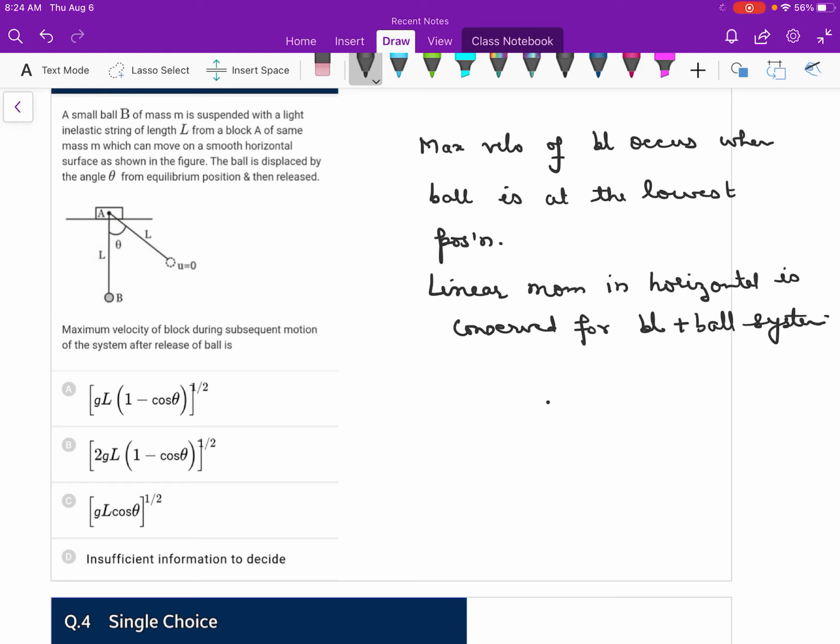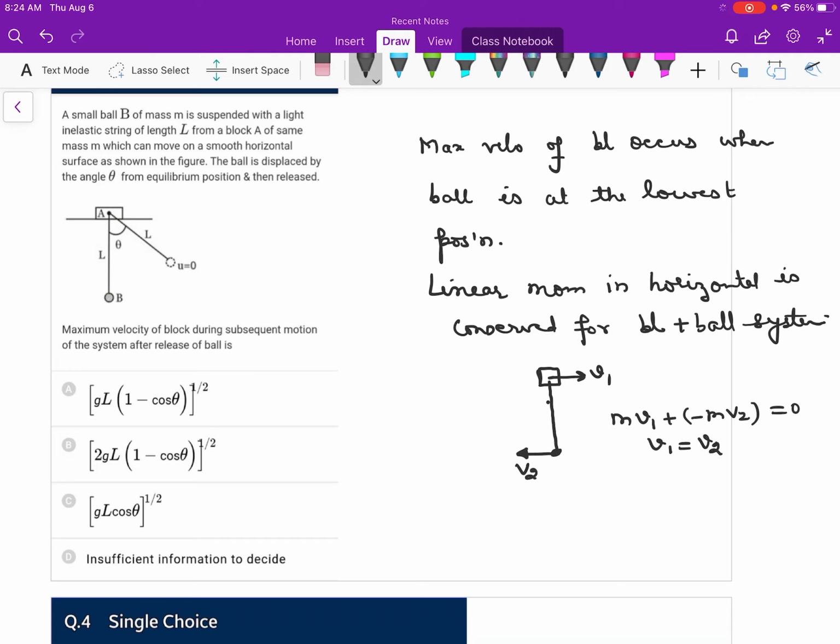So when the ball is at the lowest position, say velocity of block is v1 and velocity of ball is v2. Okay, so from linear momentum conservation in horizontal, m v1 minus m v2 is equal to 0, so v1 equals v2.